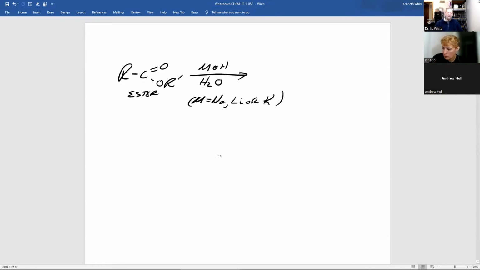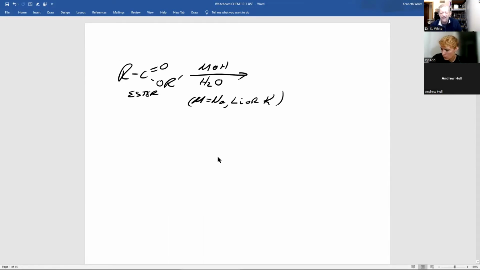And I expanded it when I talked about it on Monday. If you take an ester and react it with a base, MOH, where M can be sodium, Na, lithium, Li, or potassium, KOH, and H2O is water.